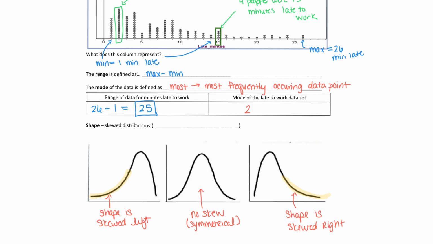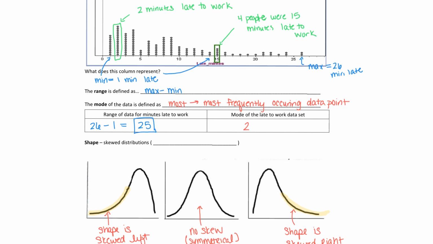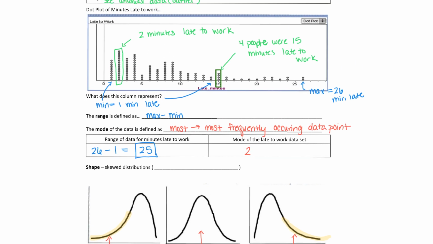Let's go look at our data set up here. If I draw a line kind of following the data, would you say that this late to work data set has skew? And if it has skew, would it be to the right or to the left? And I'm looking at this and saying, I think it has skew.